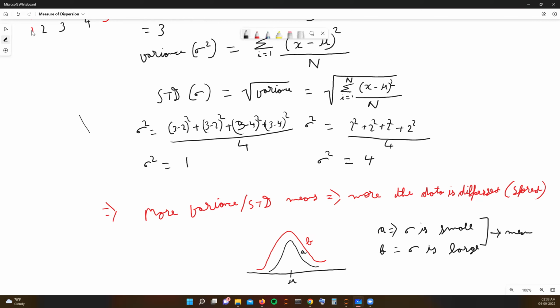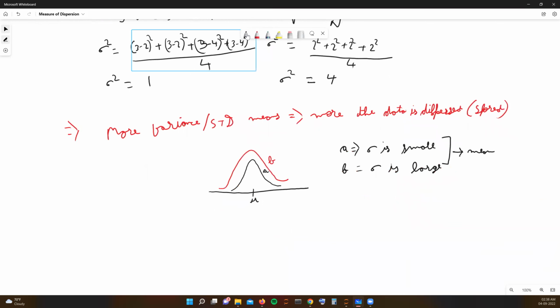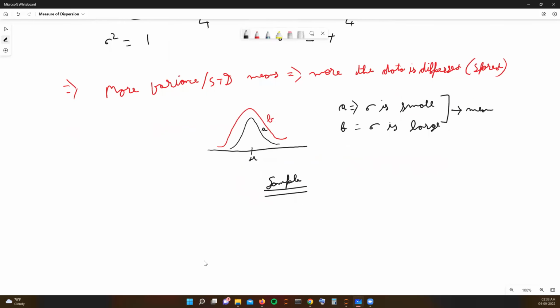Now coming to the next point. So we talked about population standard deviation, or population variance. Now when we talk about sample, here my formula changes. First of all, sample variance is denoted by S square. That was denoted by sigma square.